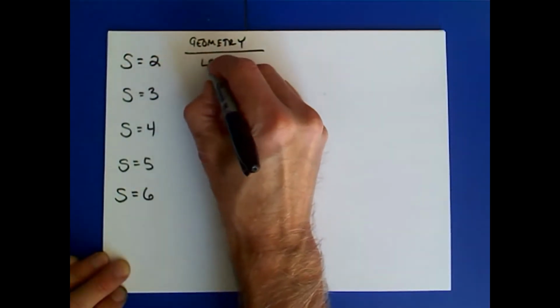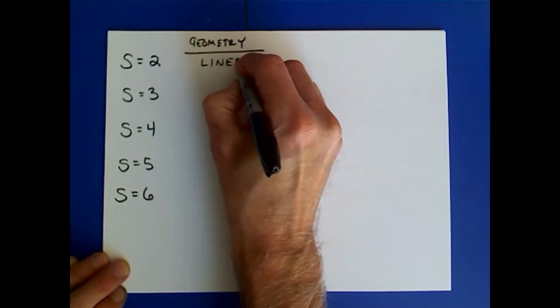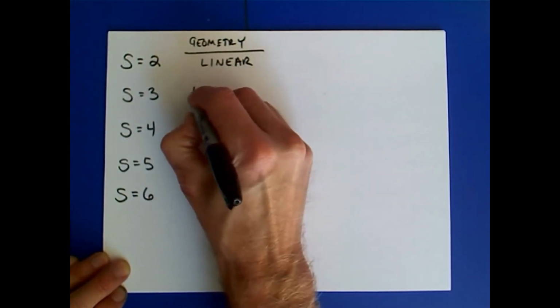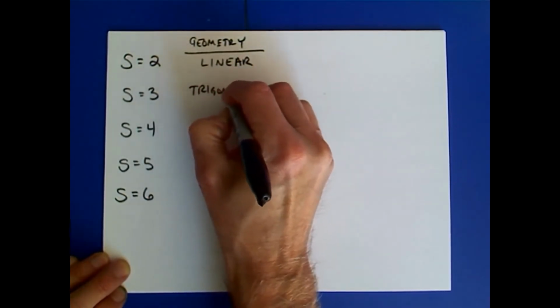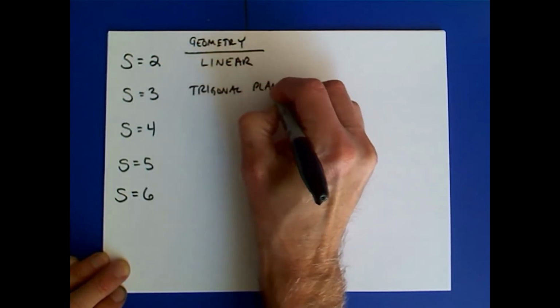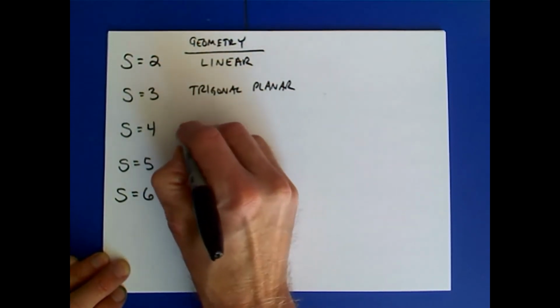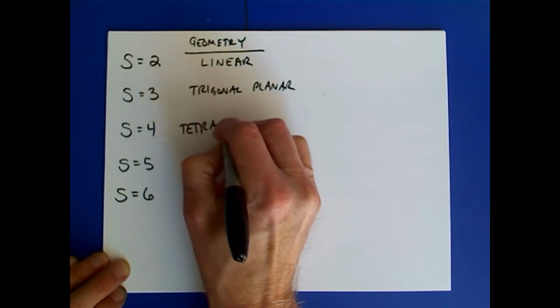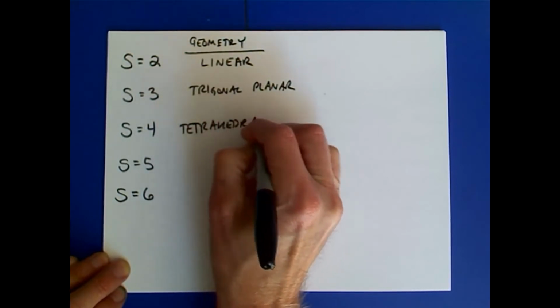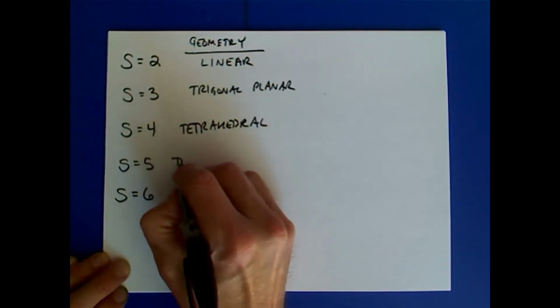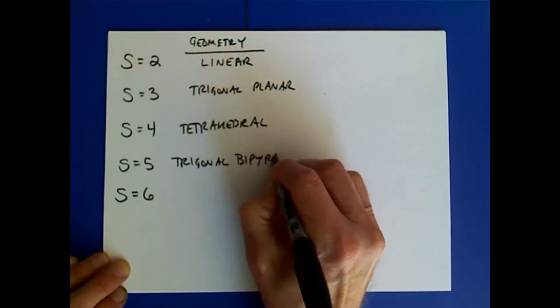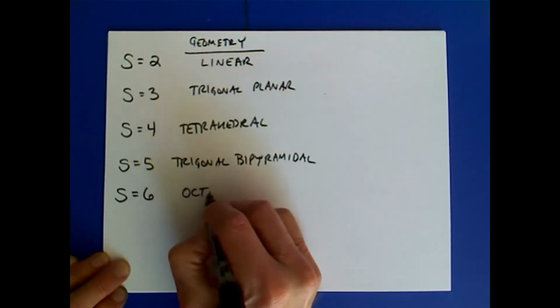These are electronic geometries. With s equals 2, that's linear. With s equals 3, that's trigonal planar. If s equals 4, it's tetrahedral. If s equals 5, it's trigonal bipyramidal. And if s equals 6, it's octahedral.